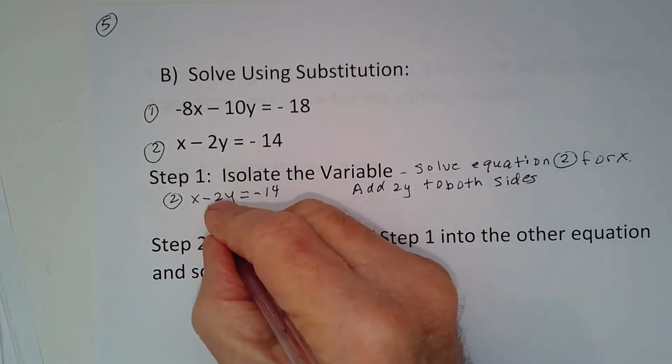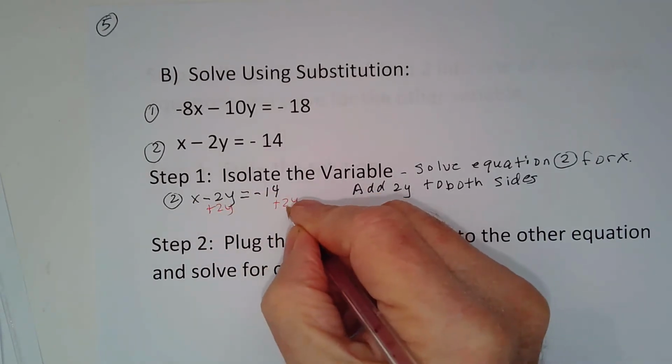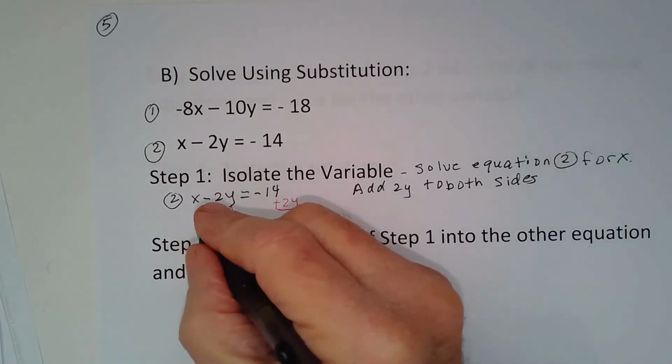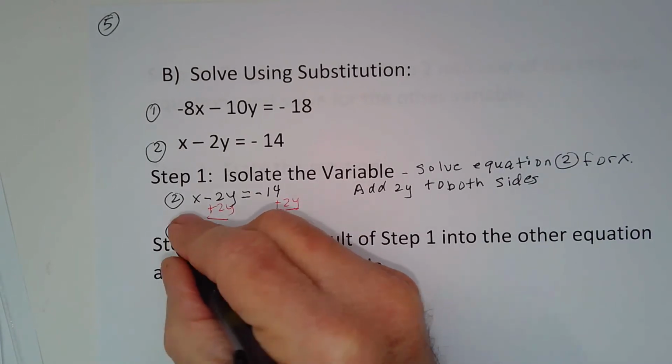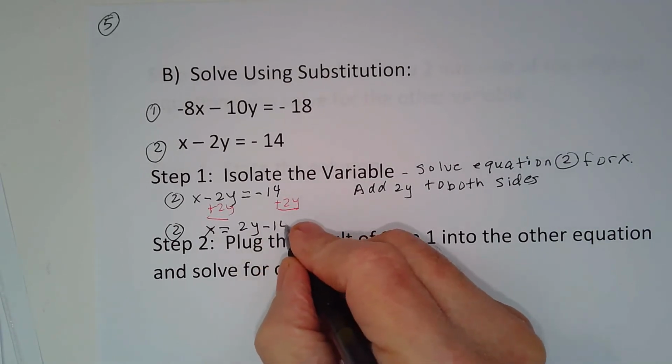I will add 2y. And I'm going to get, for my equation 2, x equals 2y minus 14.